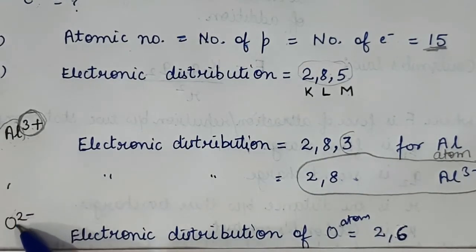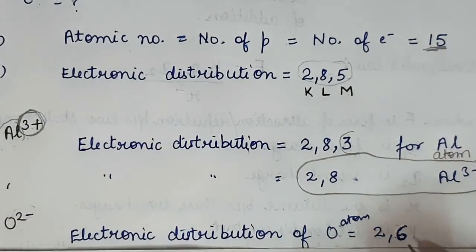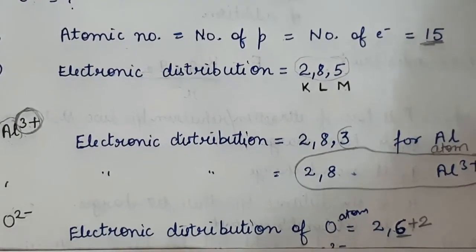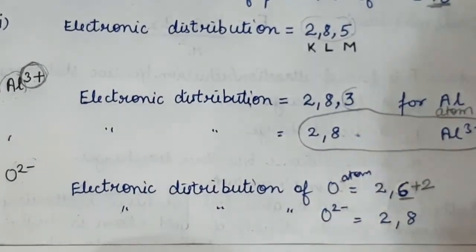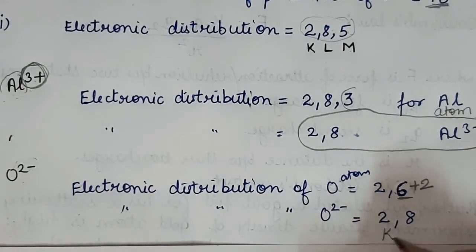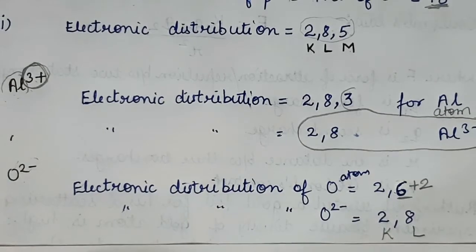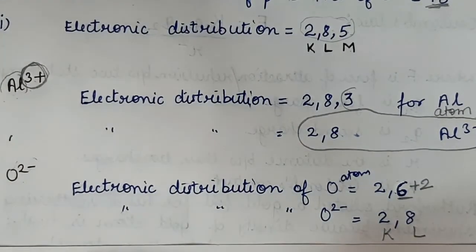Minus 2 means 2 electrons have been gained. Minus means gain. So when the 2 electrons have been gained, the outermost shell will get 2 electrons. So it will be 2 and 8. The electronic distribution of oxygen ion is 2, 8. 2 in the first shell K and 8 in the second shell, that is L. So this was question number 10.